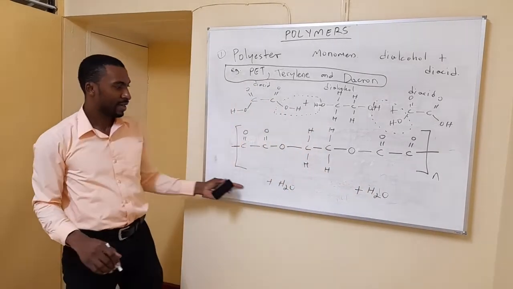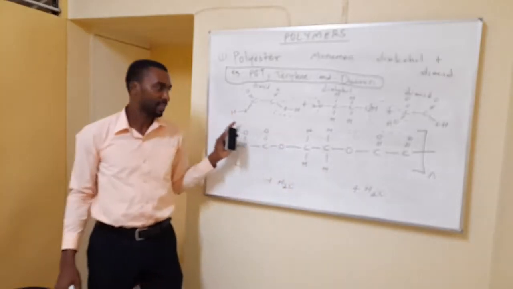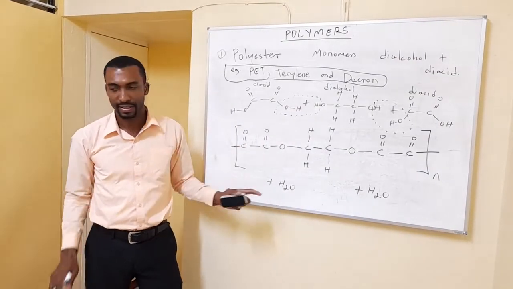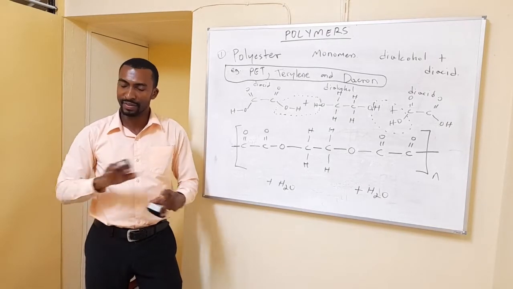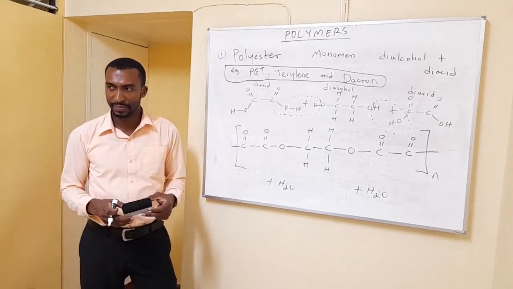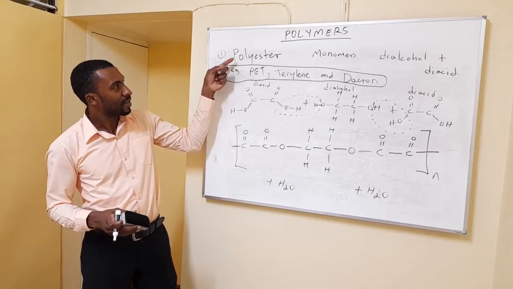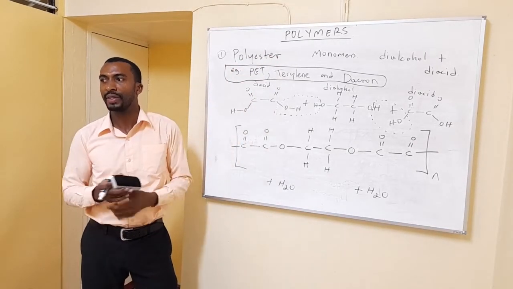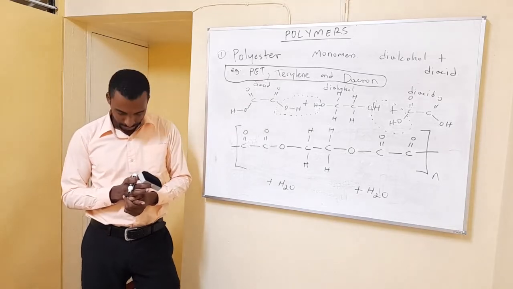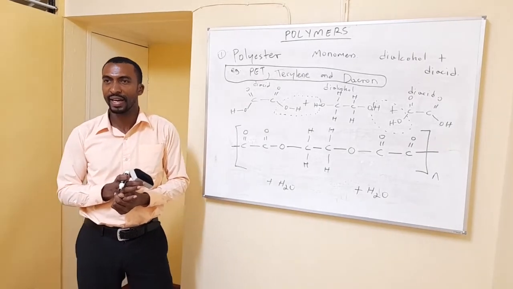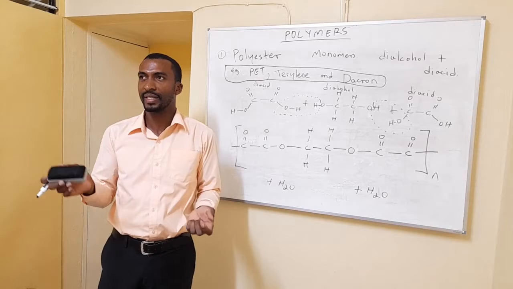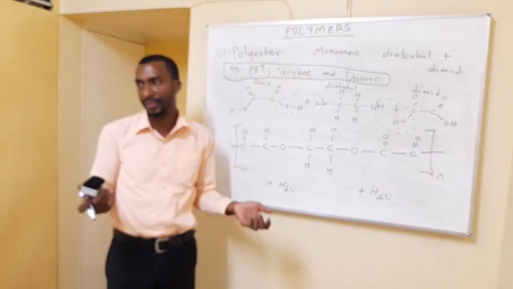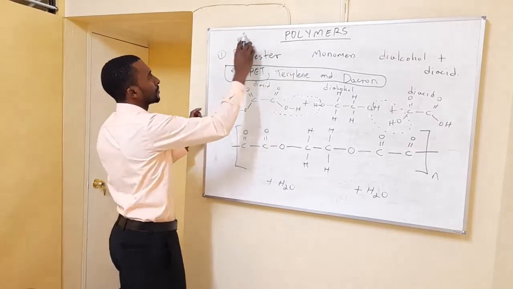These are small byproducts from the polymerization reaction, so the reaction mixture will give off water as a byproduct. That is why it's called a condensation polymer, meaning you lose a water molecule during the reaction process. Unlike addition polymers, where you don't lose anything, all the monomers just come together to form the polymer, or the plastic.